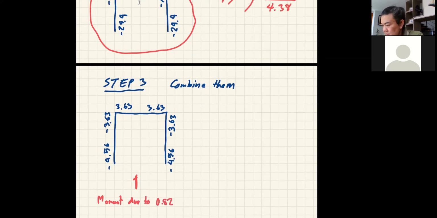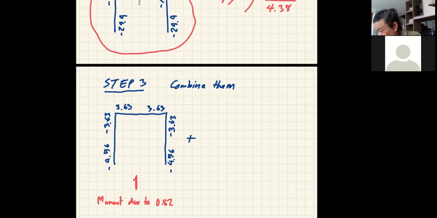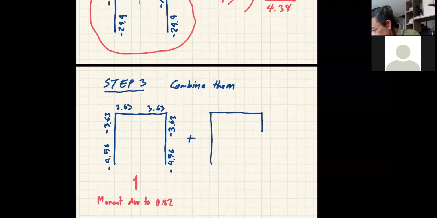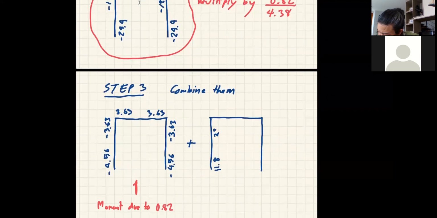Plus moment due to your external load on the member, which we finished a long time ago, which is equal to 11.8, 23.5, minus 23.5, 12.7, minus 12.7, and then minus 6.3.